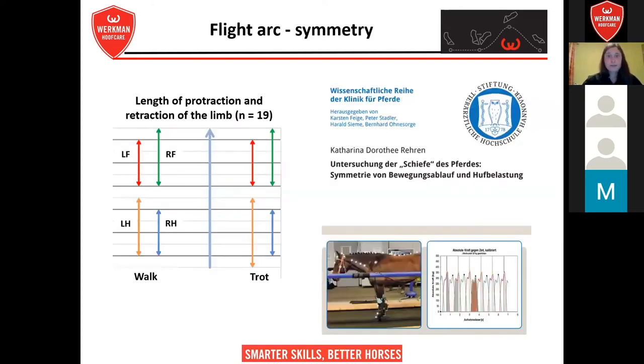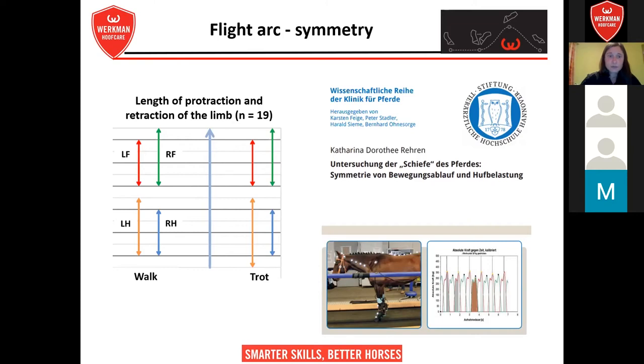And we also know there was a nice study of a German research group in Hanover. They checked 19 sound horses for skewness. So they checked for symmetry in their motion pattern, and they could show that you have differences between left and right front hoofs and left and right hind hoofs in protraction and retraction of the limb.